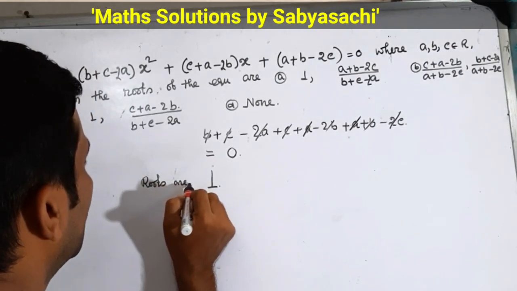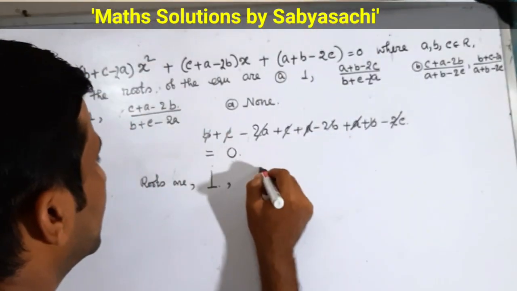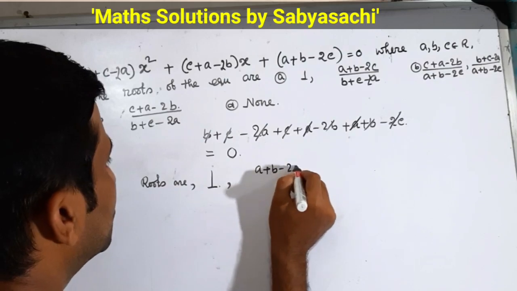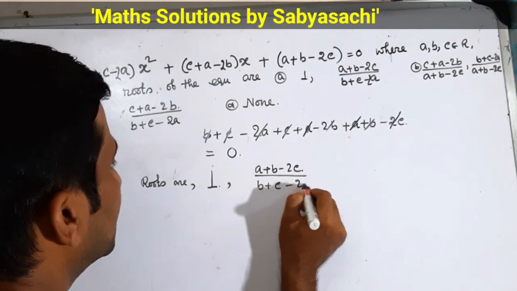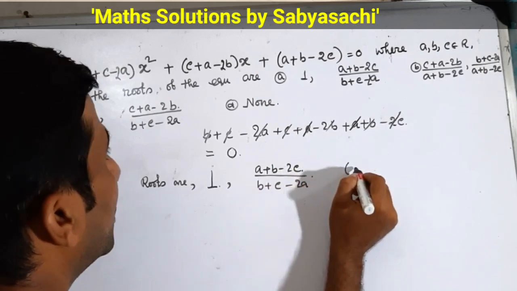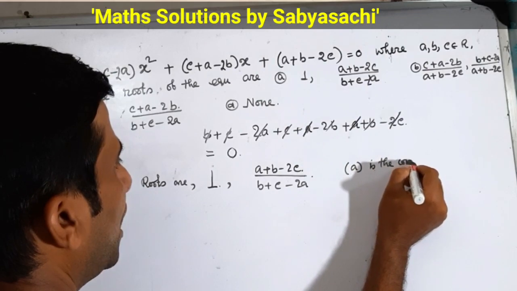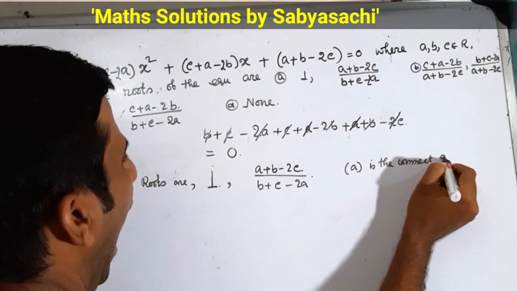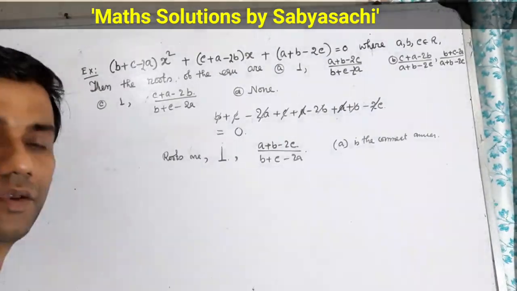The roots are 1 and another root will be c by a, that means (a plus b minus 2c) by (b plus c minus 2a). That is, a is the correct answer. Okay.